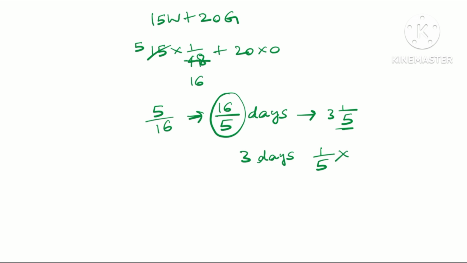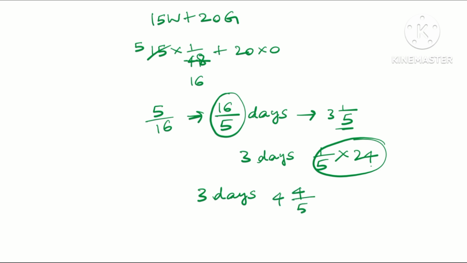We can convert this into hours. 1 by 5 into 24. In a day we have 24 hours. So 1 by 5 into 24, again with the 3 days. 24 by 5 converted to a mixed fraction, we get 4 and 4 by 5. This is hours. 4 by 5 hours.